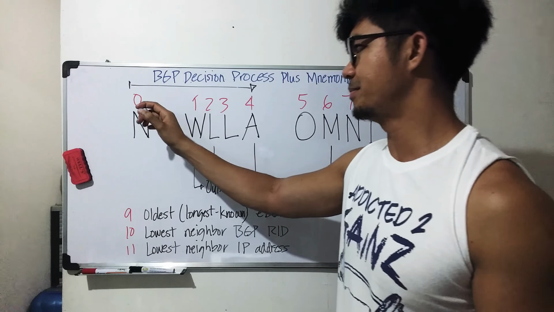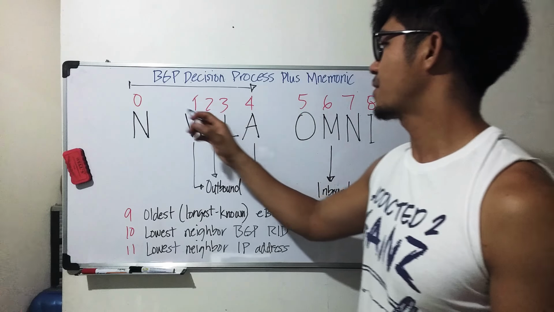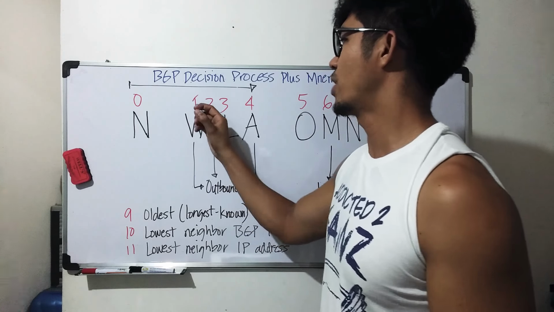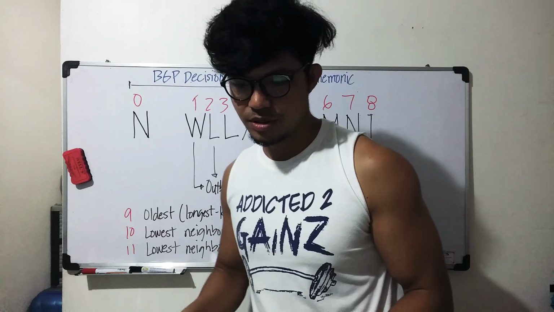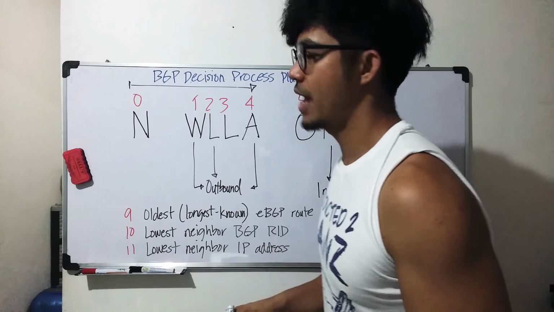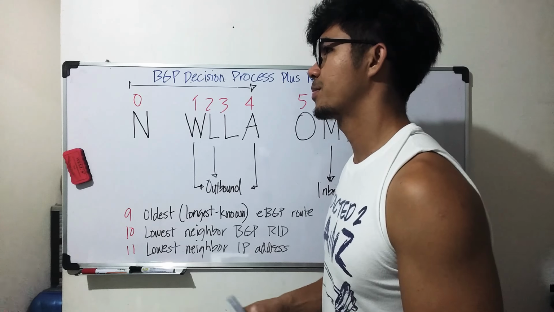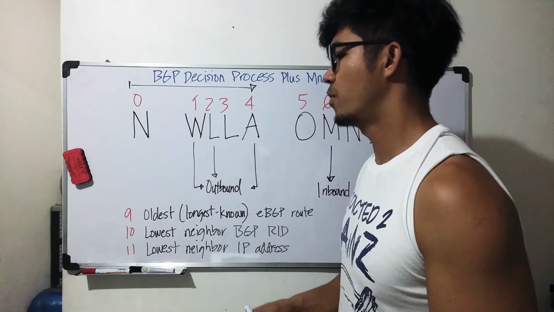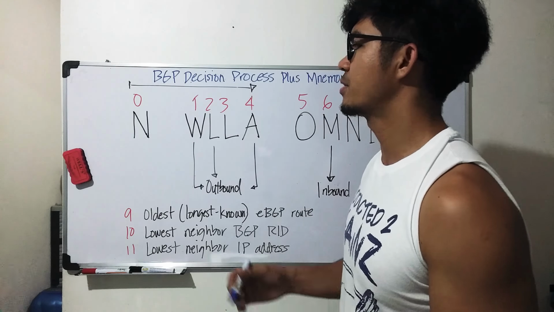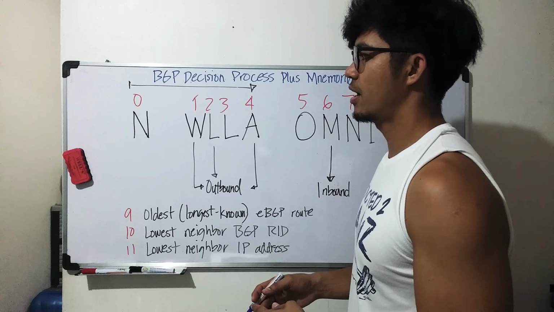So that's why I began my counting from 0 instead of 1. And of course, that route should have a valid next hop IP address, or that route would have been advertised or learned by that router.